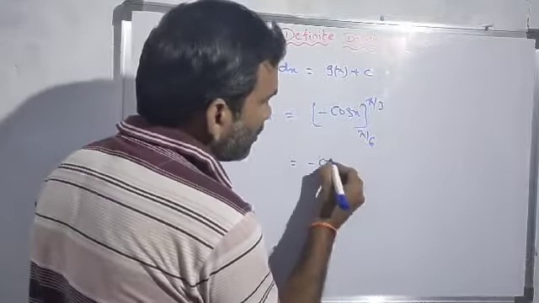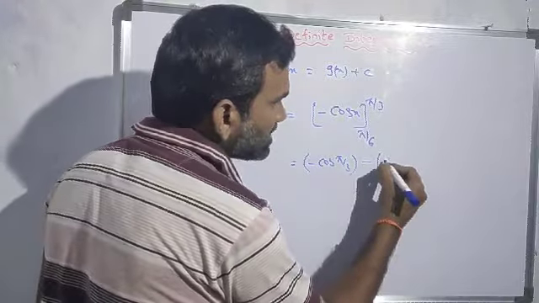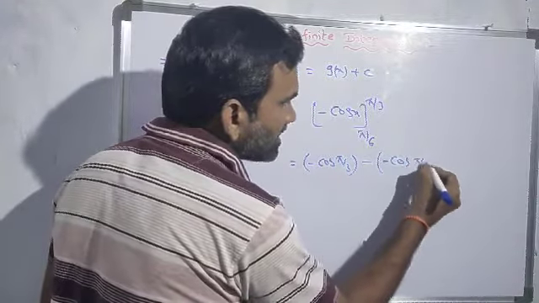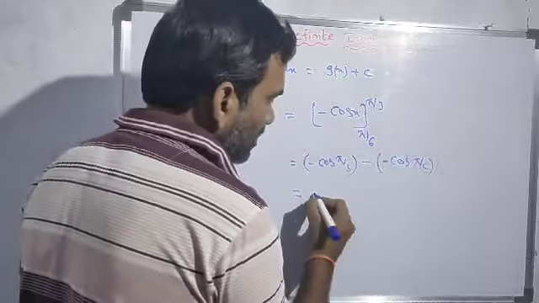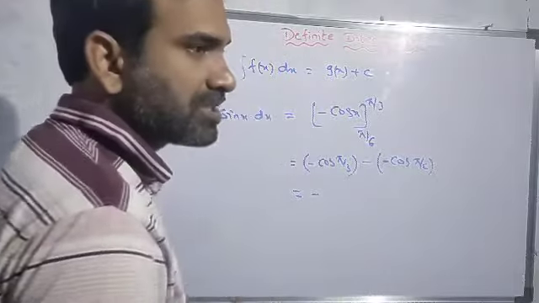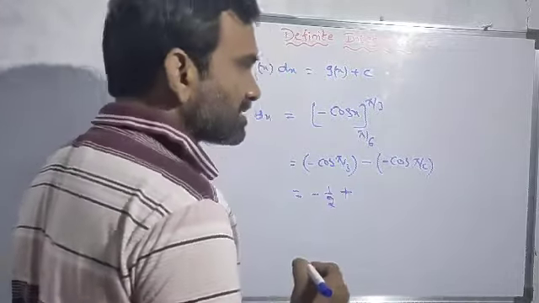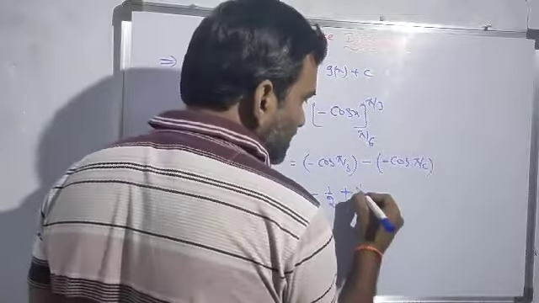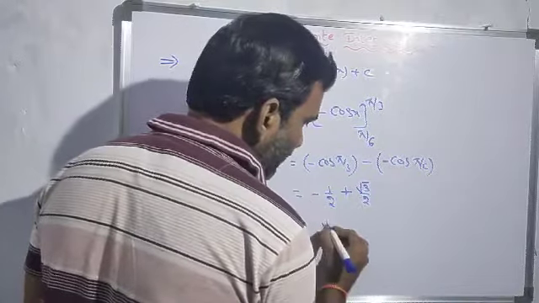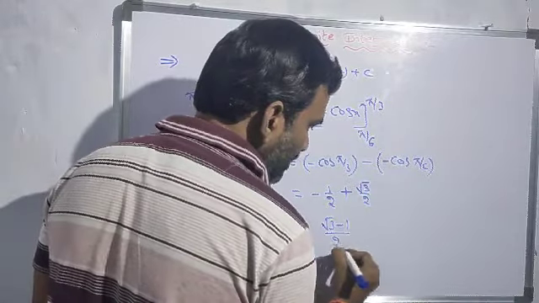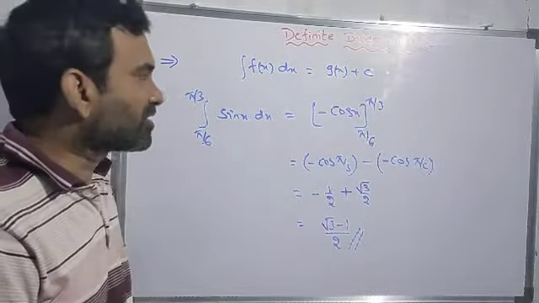So minus cos pi by 3, the upper limit value, minus of minus cos pi by 6. Cos 60 is 1 by 2. Minus of minus is plus cos 30, which is root 3 by 2. So our final answer is root 3 minus 1 by 2. This is a constant value.